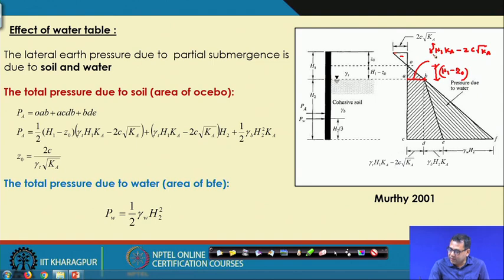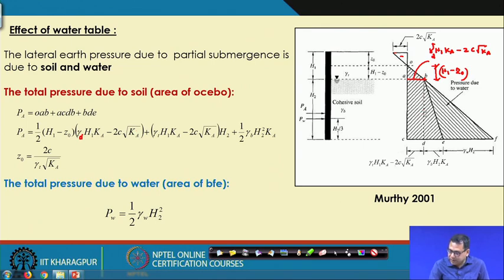Here the gamma will be gamma T, or gamma bulk, or gamma dry. Here it is written gamma T, so you can write gamma_d H1 K_A minus 2c root K_A.